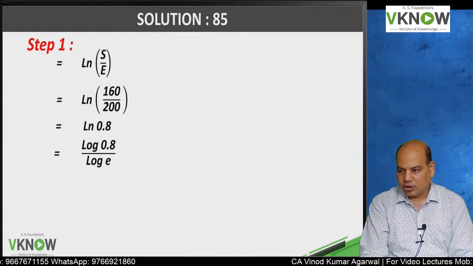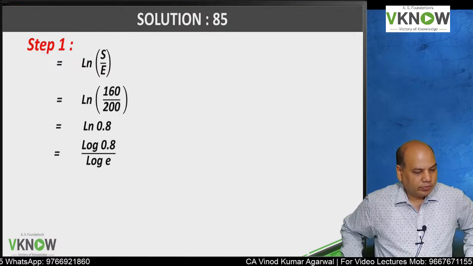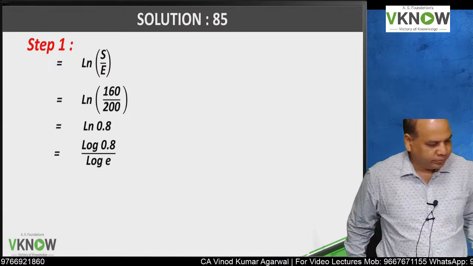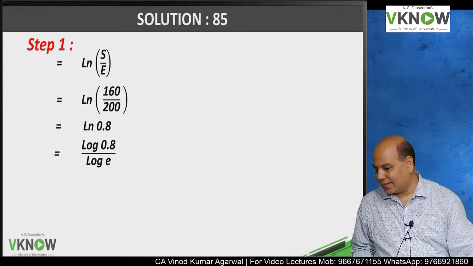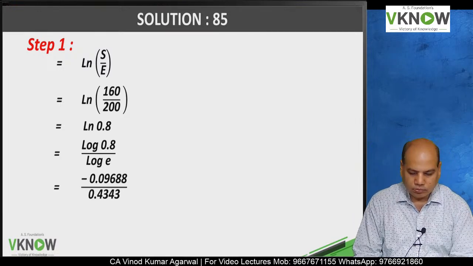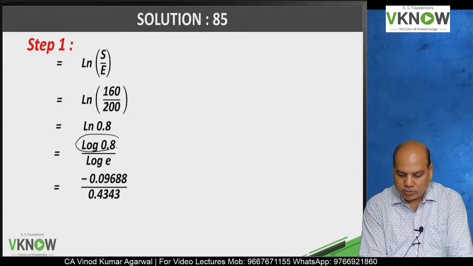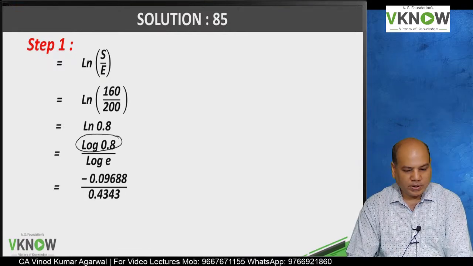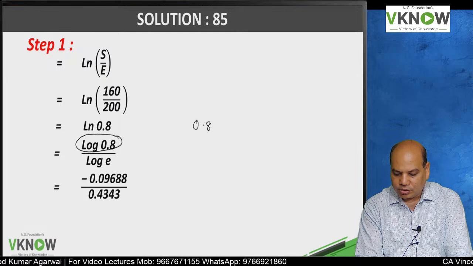Now I will tell you a shortcut to calculate the log value, but then it has to be the common log. Common log means log with base 10. First you type 0.8 on your calculator.